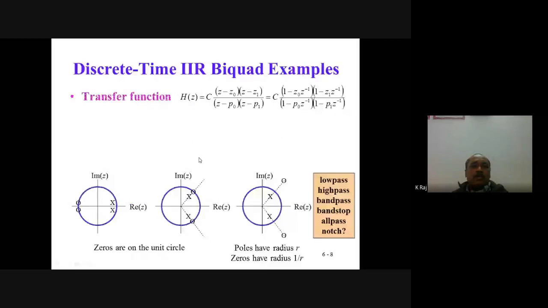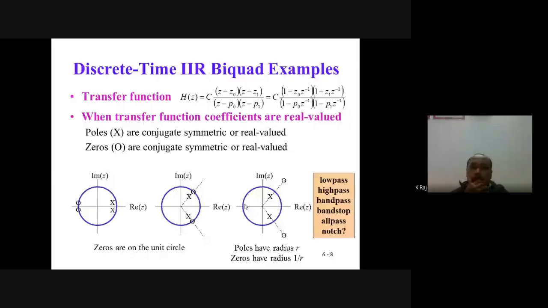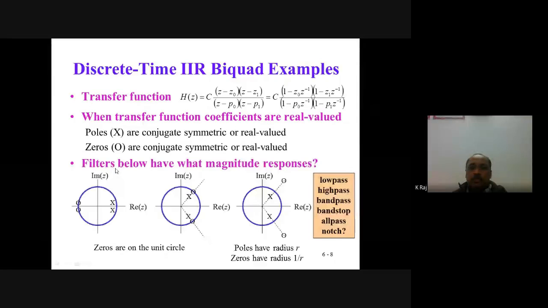These are the three locations and positions of the zeros and poles of filters, and we have to calculate the magnitude of these filters here. So it is the assignment for you that for these three conditions, for which the locations and positions of the poles and zeros are given, you have to calculate the magnitude response of this filter, and then plot it with respect to the frequency here.